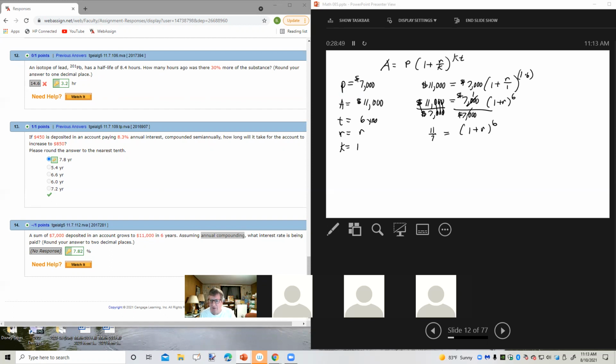I can't remember offhand, but what we're going to do now is take the 6th root. When we take an even root, there's a plus or minus that gets applied.